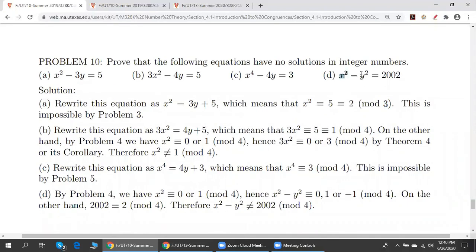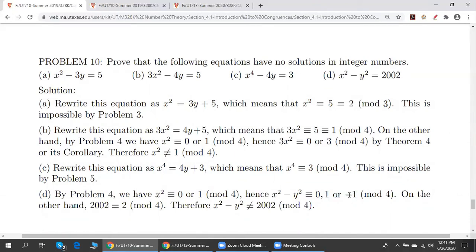Compare with D. Let us discuss D. Note that by problem 4 that we just discussed, x squared is congruent either to 0 or 1 modulo 4. Therefore, the difference of 2 squares is congruent to either 0 or plus minus 1.